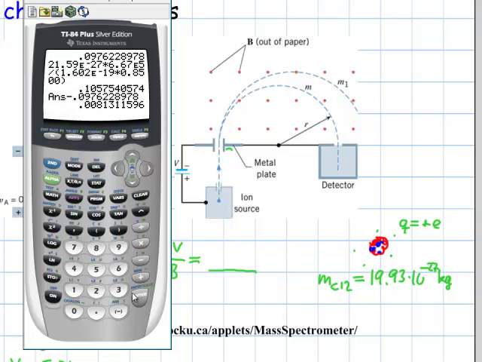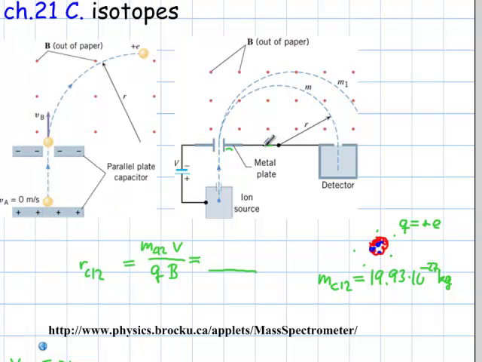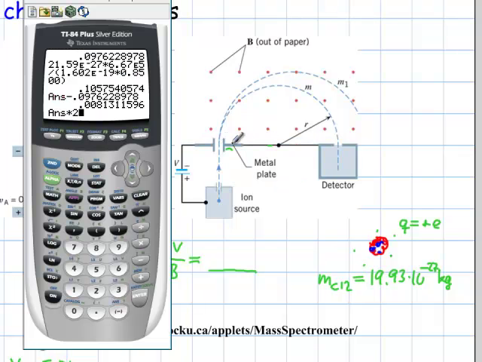Enter. 0.0081 meters, but this one here is a radius to the left, a radius to the right, so it's one full diameter. So I have to multiply that answer by 2. On the first one, they separate by that amount, and then on the other side, they also separate by that amount again. So the total answer is 0.016 meters, or 1.6 centimeters, approximately 2/3 of an inch.